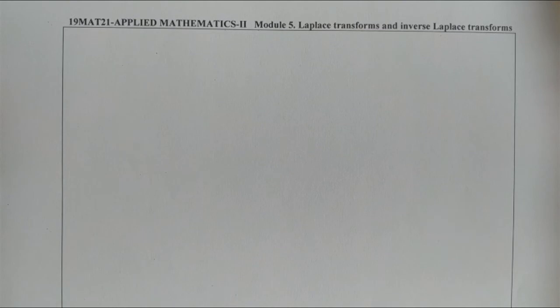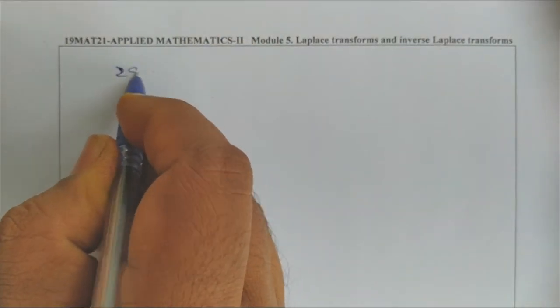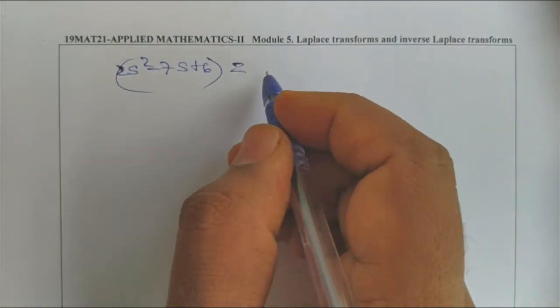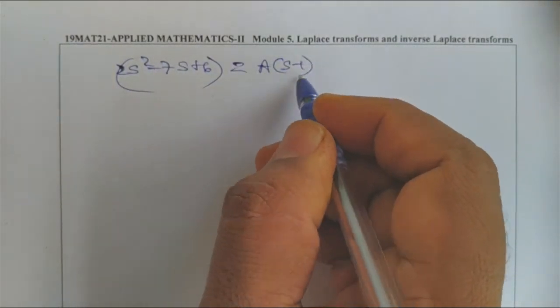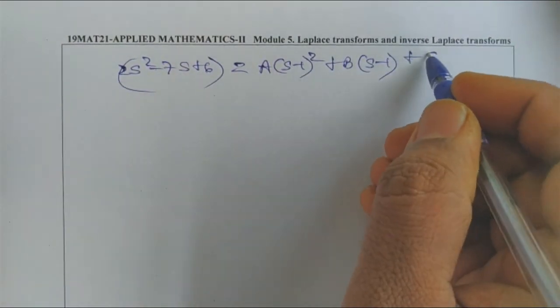Now we can simplify this as 2s square minus 7s plus 6 is equal to a into s minus 1 whole square plus b into s minus 1 plus c into 1.